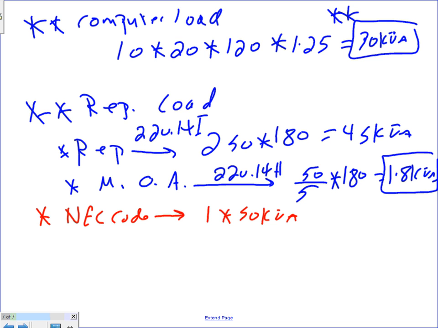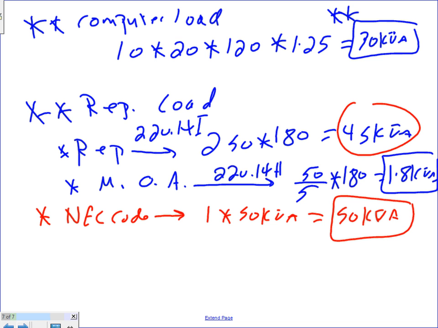That will give you 50 kVA. This is from the code. Since it's an office building, you're supposed to choose between this number and these two numbers. Which one of them is the largest? 50 is the largest.